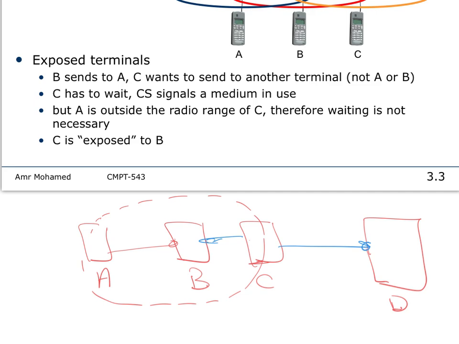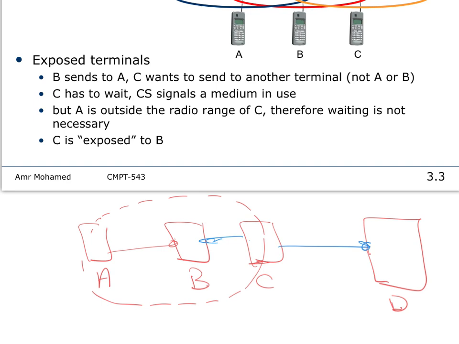But imagine that C is in the interference range but not in the transmission range of B. So it hears, and if it sends, B will be in the interference range of C, so there will be some interference, but the transmission can happen concurrently in that case.